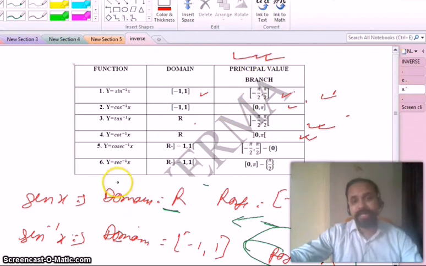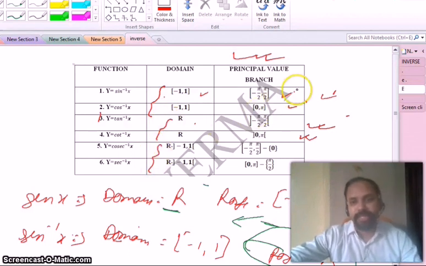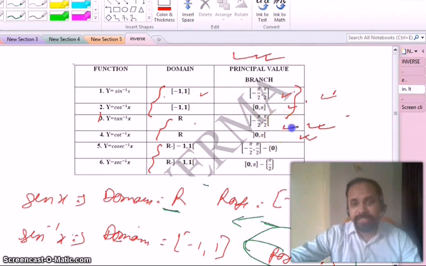Okay, next if you want to remember in pairs. First, see, sin inverse and cos inverse x, domains are the same, tan inverse and cot inverse, domains are the same, cosec inverse and sec inverse, domains are the same. And in this one, sin inverse x range is minus pi by 2 to pi by 2, same with tan inverse x, the same interval between minus pi by 2 to pi by 2, open interval, and same with cosec inverse x, minus pi by 2 to pi by 2.